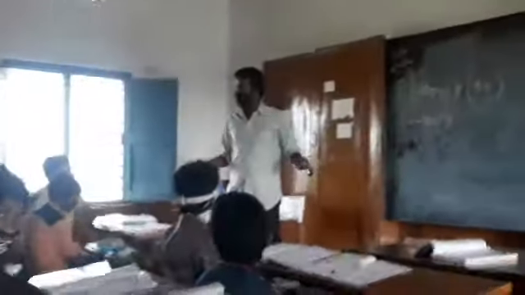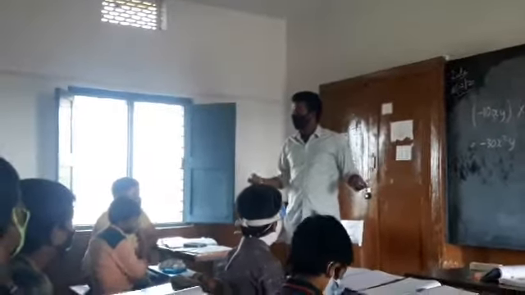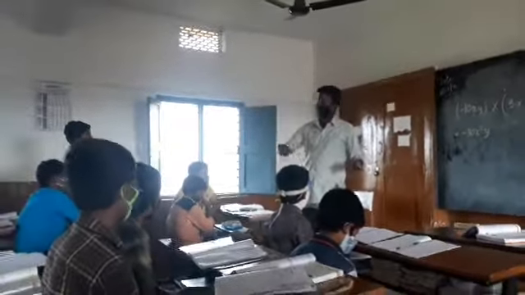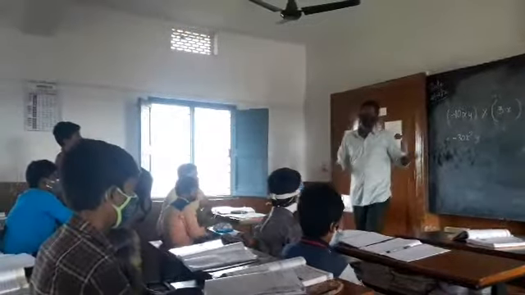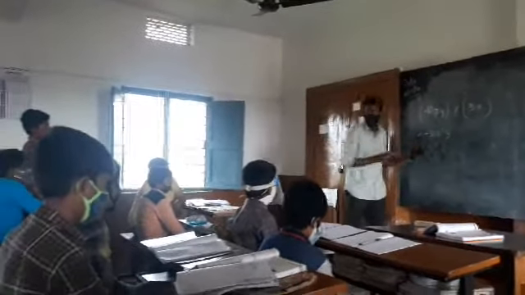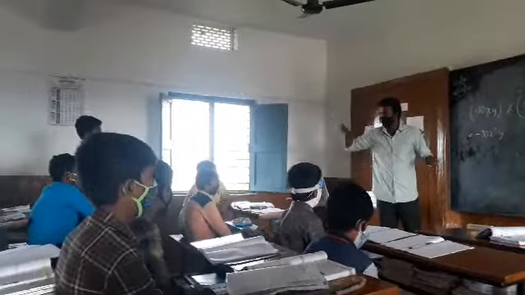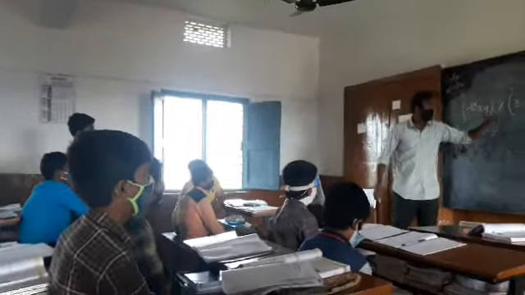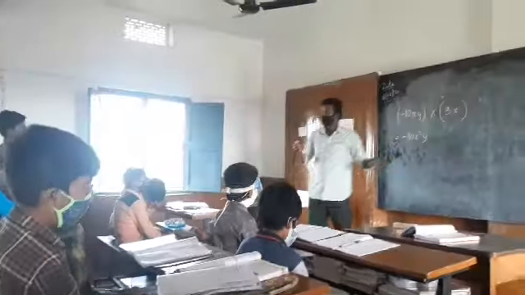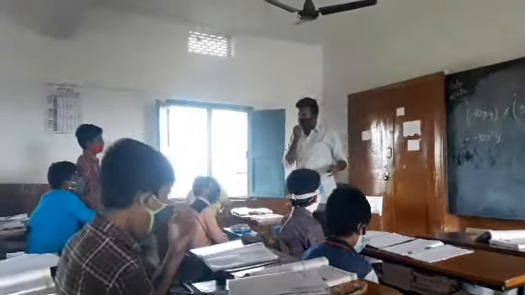Minus 10 into 3. Yes, let him tell. Minus 10 into 3, how much? Minus 30. So your part of multiplication of constants is over. Now you multiply the algebraic part, the alphabetical part. Yes. x into x, x square.